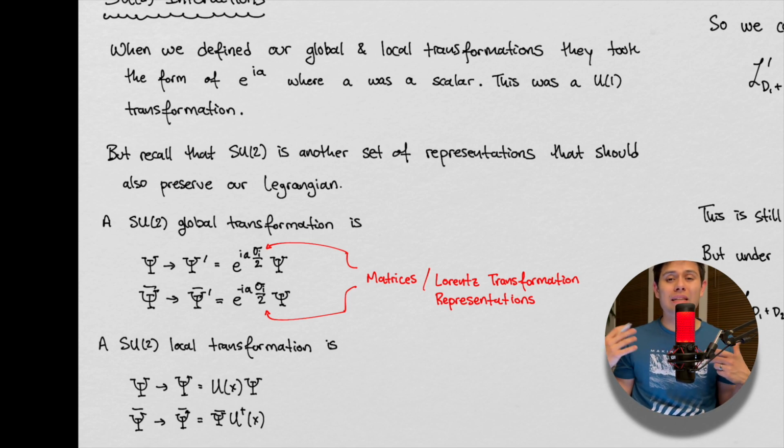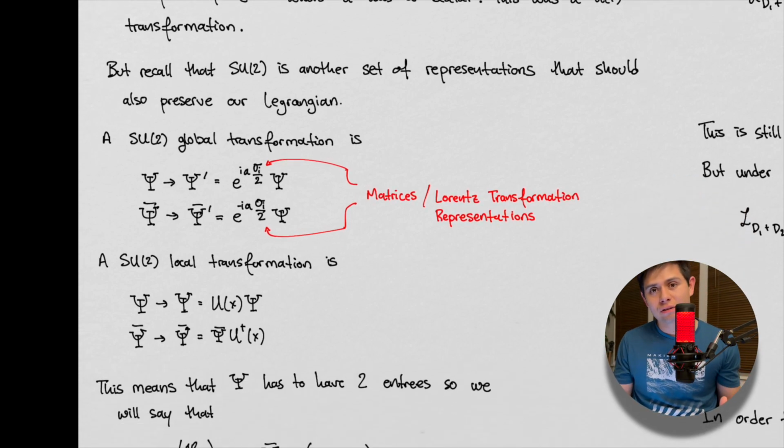This is where Lie algebras come back into play, and these SU2 generators, the Pauli spin matrices, are the set of matrices that represented the Lorentz transformation, or the transformation that preserved the Minkowski metric. The idea here is we also want to preserve Lagrangians.